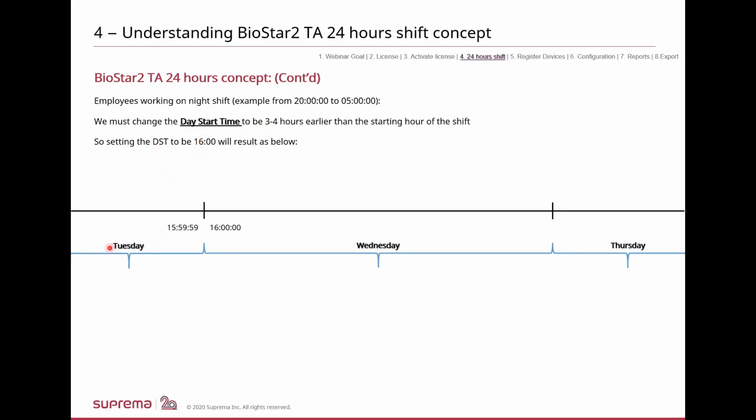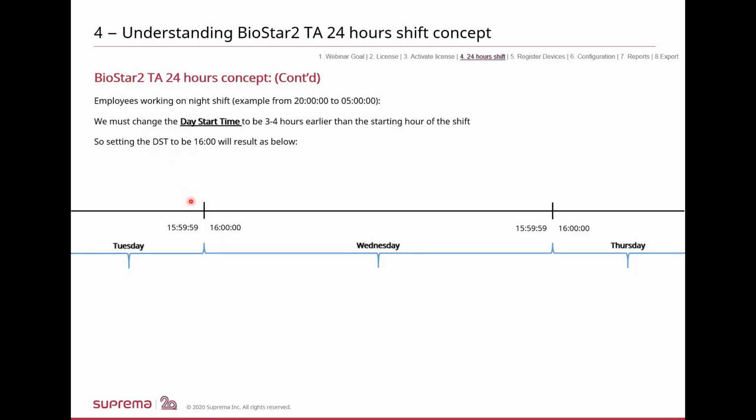This means that Tuesday is up to 15:59:59, which is 3 p.m., 59 minutes, 59 seconds. The next second is going to be the next day, which is 4 p.m. And this is as per our DST.